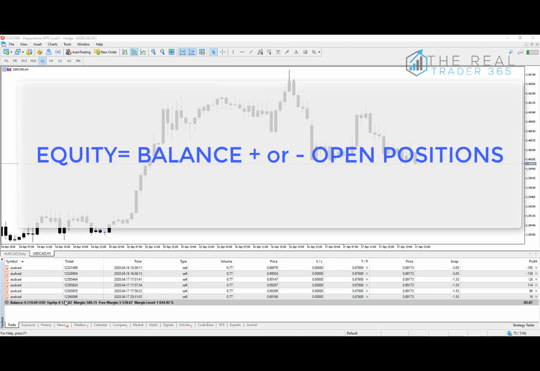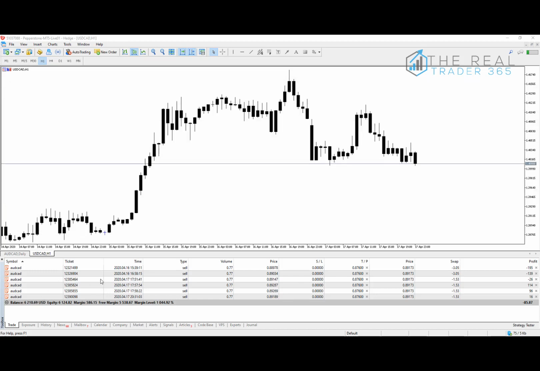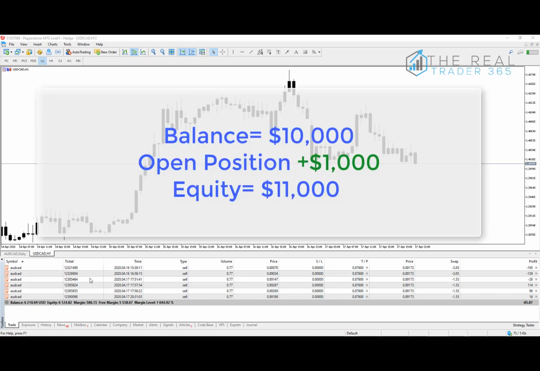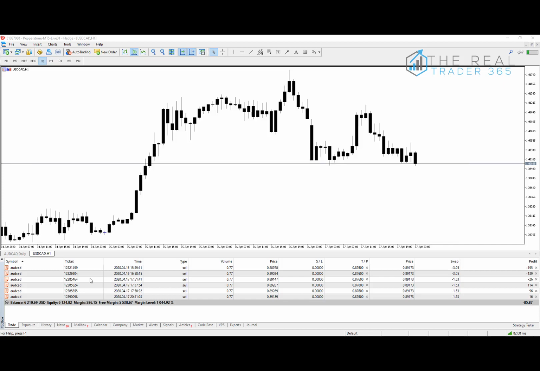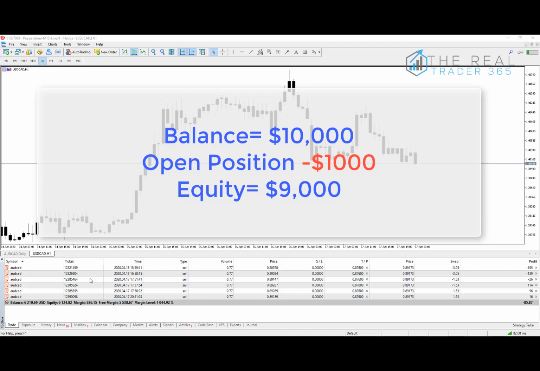Your equity represents your balance plus or minus your open positions. So for instance, in the example I gave before, if you had a $10,000 account and you were up $1,000, your balance would still be 10,000, but your equity would be 11,000. If you were down $1,000, your equity would be $9,000.